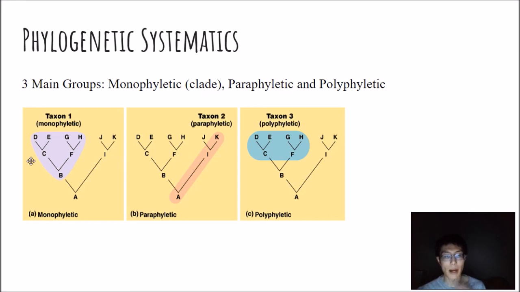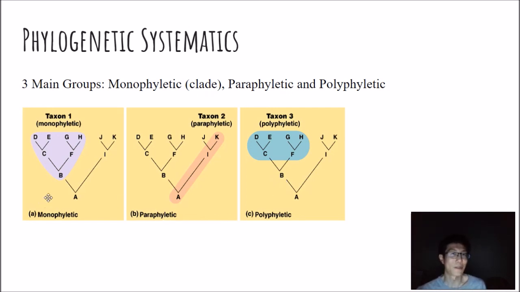So again, monophyletic, we include the common ancestor and all descendants. Paraphyletic, we include the common ancestor but exclude some of the descendants. And finally, polyphyletic, which is include the descendants but exclude the common ancestor. No common ancestor, that should start shouting out polyphyletic.